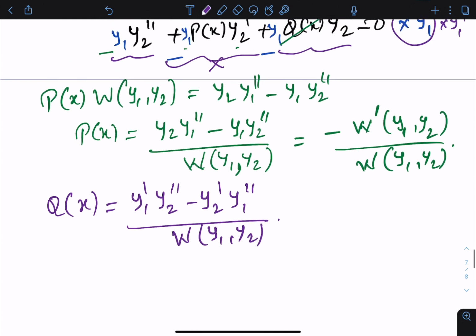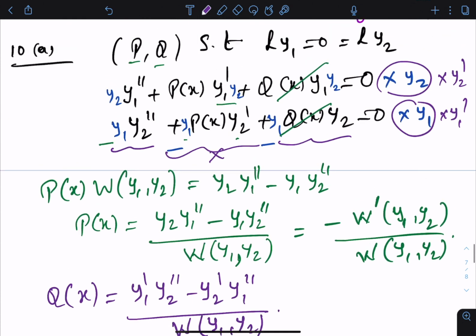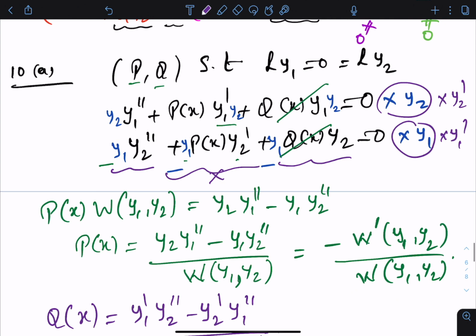In fact, there is also another way, in the sense that once you find p, you can always find q by substituting p here and writing q in terms of every other thing. In that case, you will get the same expression for q because they satisfy this condition, right? Yeah, that is one way.